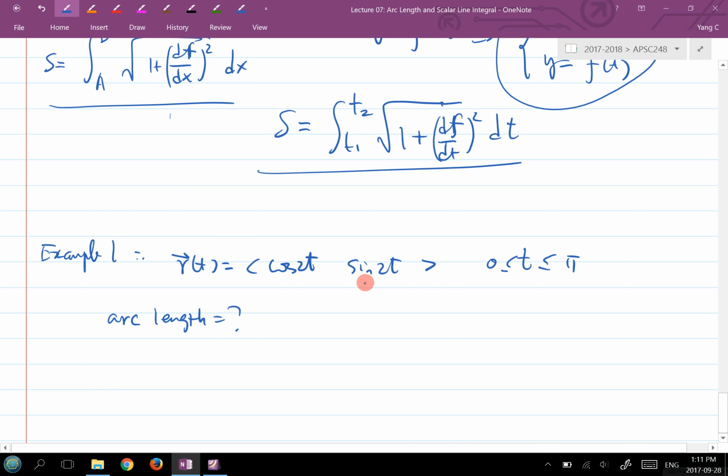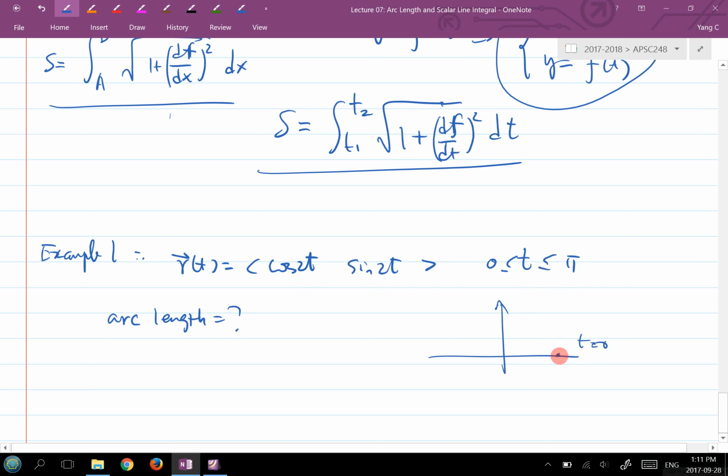And then we're going with this t, starting from 0. We started at which location? Starting from the 1, 0 location. And then it goes to t equal to pi. So imagine a motion starting from here as t goes from 0 to pi.